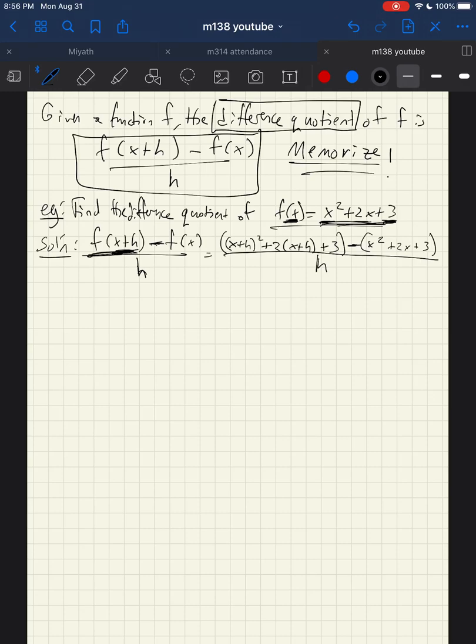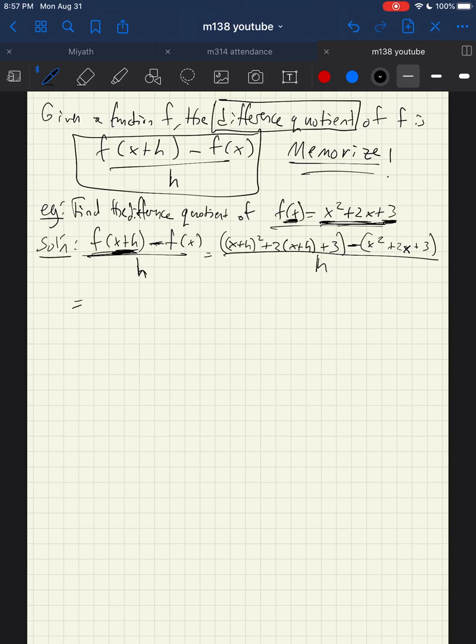The formula is f of x plus h minus f of x, divided by h. If you don't have all of those components, something horrible will probably happen. Okay? So now let's continue. What we're going to do is simplify the numerator and cancel some things out.